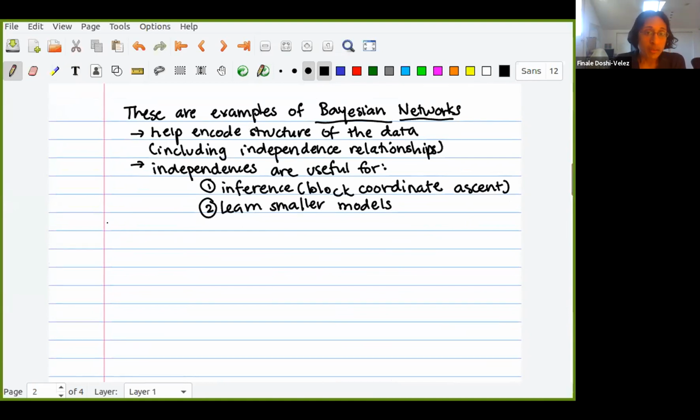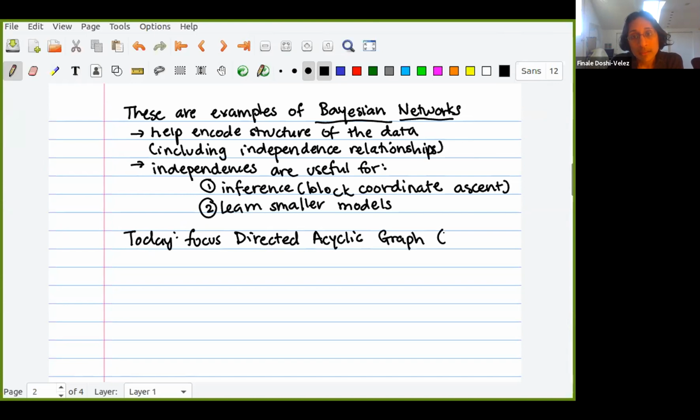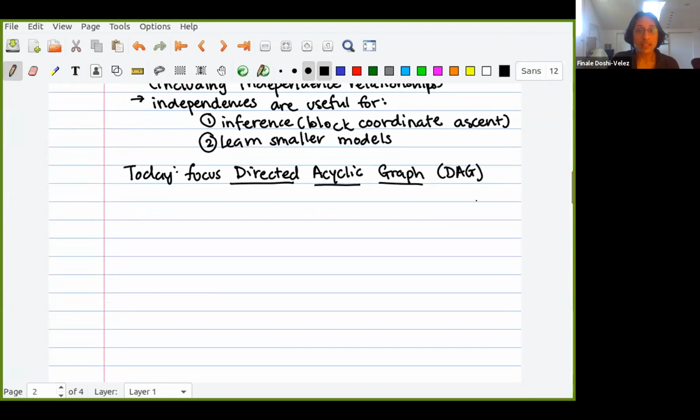Specifically, today we're going to focus on a specific kind of Bayesian network, which is called a directed acyclic graph, or DAG for short. The idea behind a DAG is that we will have a directed graph. Let me just draw some nodes connected to each other.